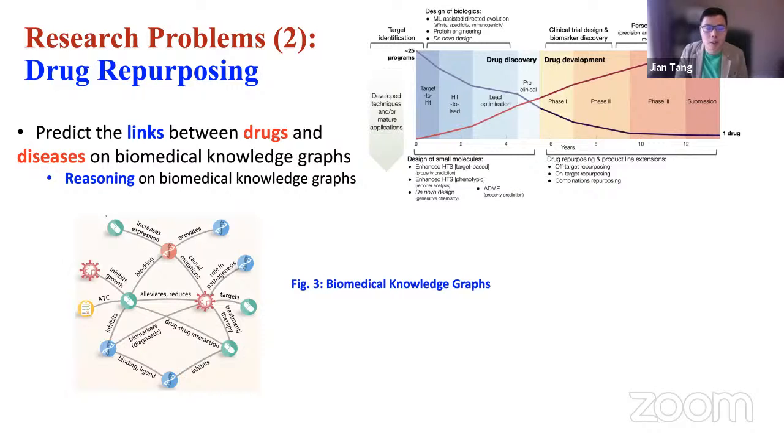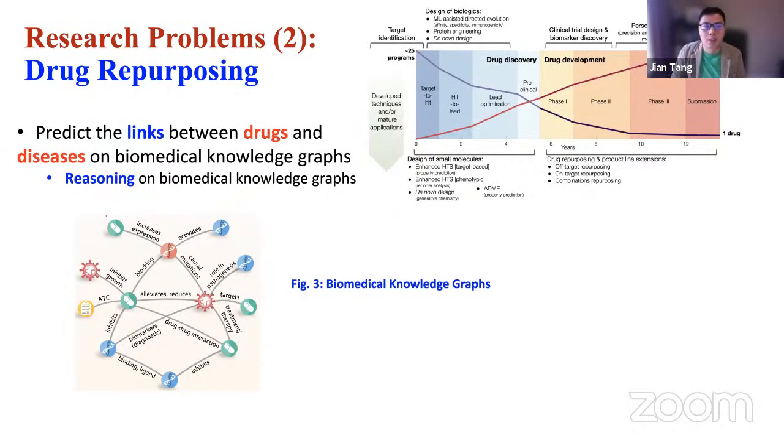Another rule could be: this drug is able to block a protein, and this protein is a causal gene or causal protein of the disease. Then potentially this drug could be used to treat this disease. There are many such logic rules we can leverage for symbolic logic reasoning on knowledge graphs.